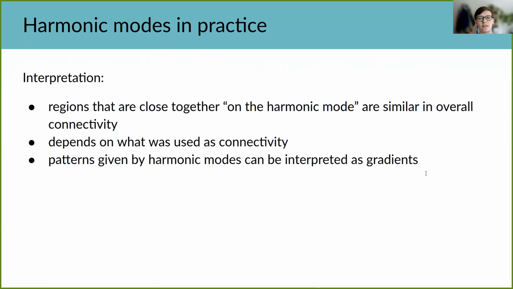Gradients are a way of interpreting these modes that takes into account that the values in the vectors are continuous, as I've mentioned before. So you can start with a binary matrix, but you will still get continuous values in your spatial patterns.